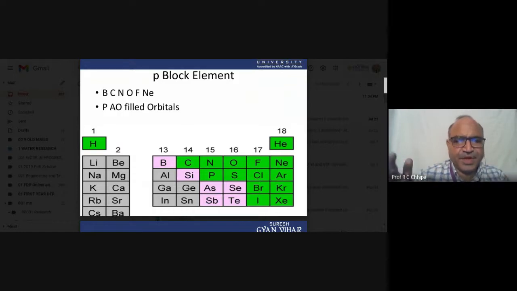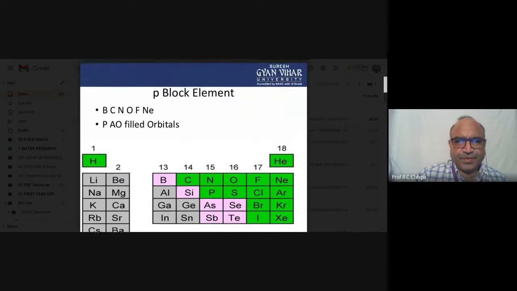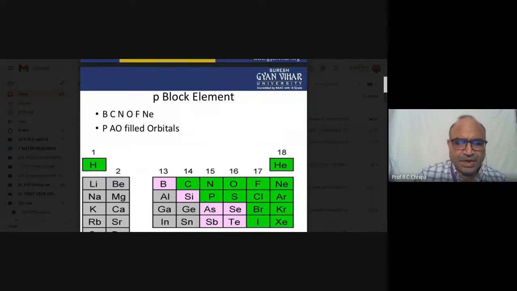Helium does not have any p atomic orbital to fill. So this whole block 13 to 18 starts from boron, then carbon, nitrogen, oxygen, fluorine, and neon.